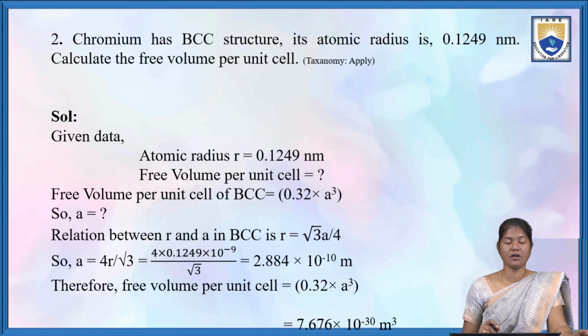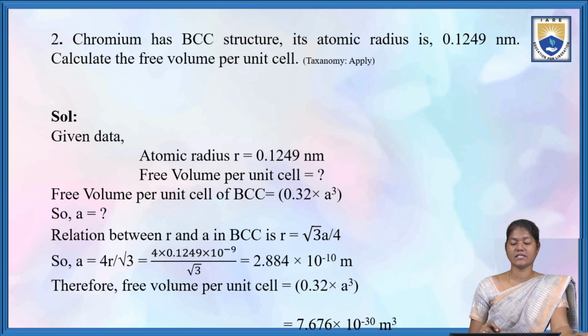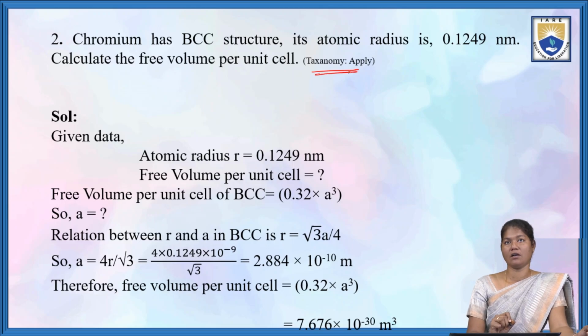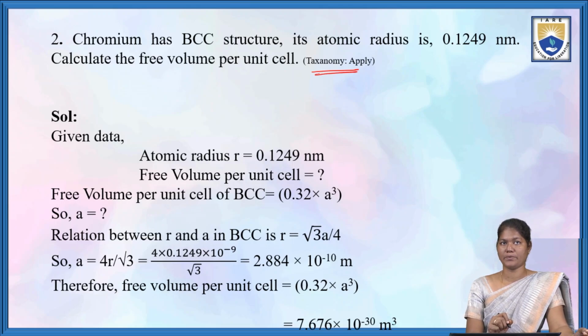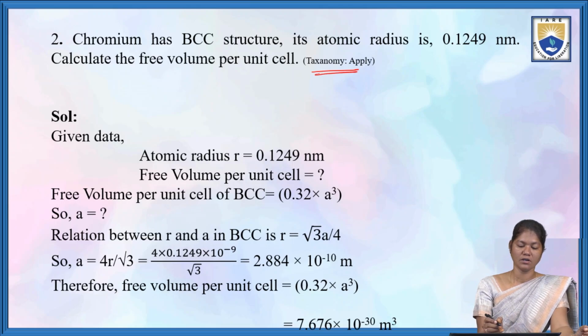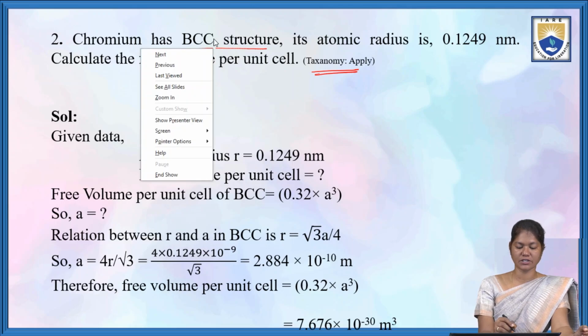Next problem. Chromium has a BCC structure. Its atomic radius is 0.1249 nanometer. Calculate the free volume per unit cell. So this is also a taxonomy level of apply. So chromium has a BCC structure.